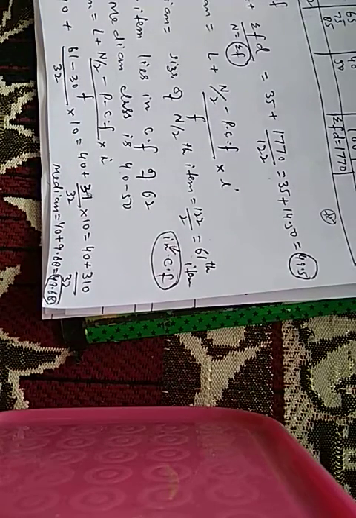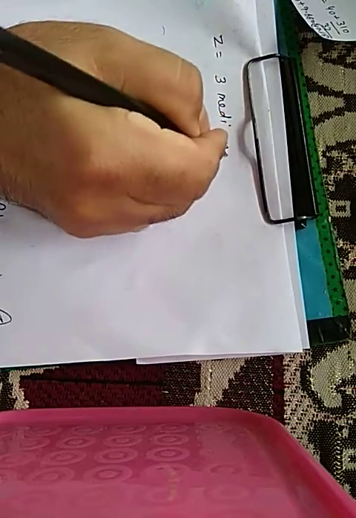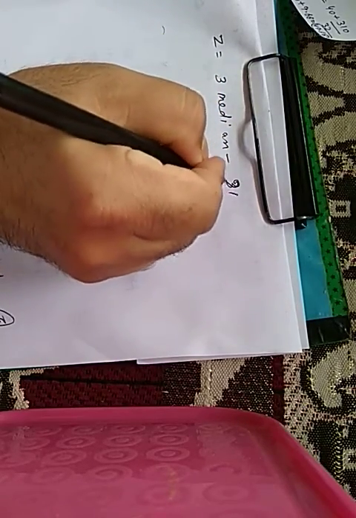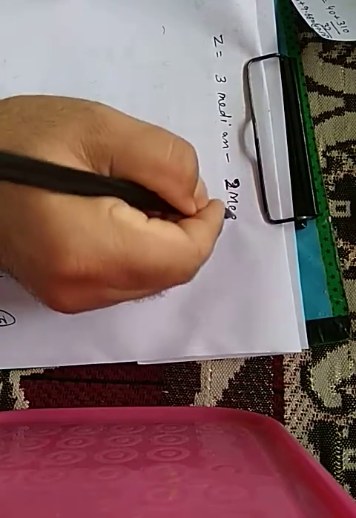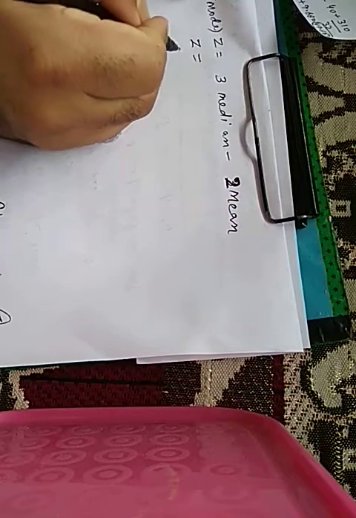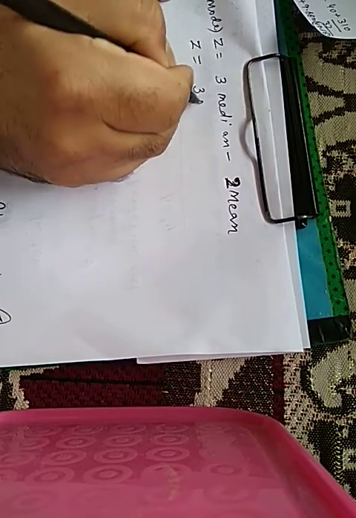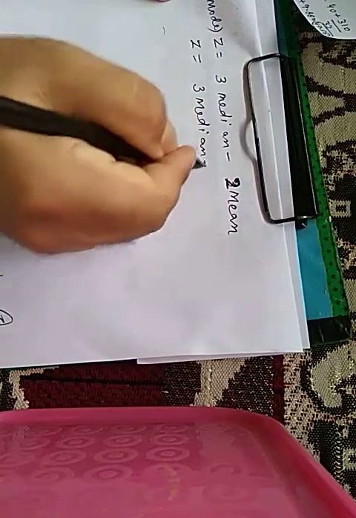Now we have to find the value of mode, which is Z equal to 3 median minus 2 mean, where Z is mode and X bar is arithmetic mean.